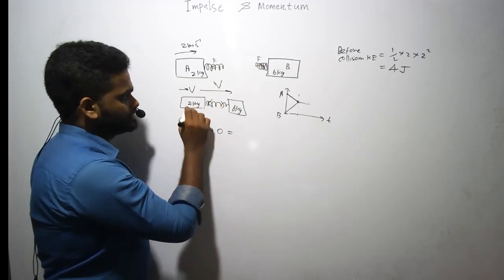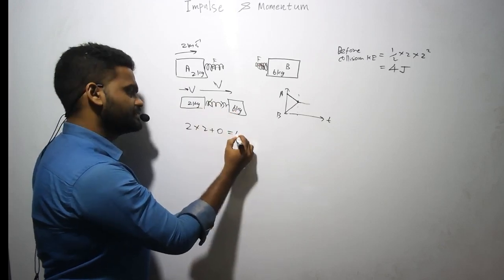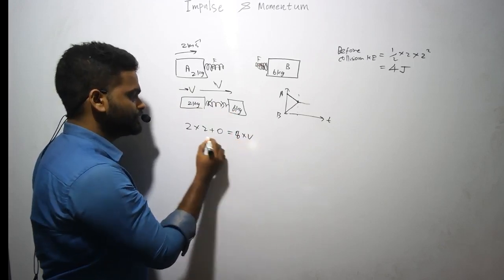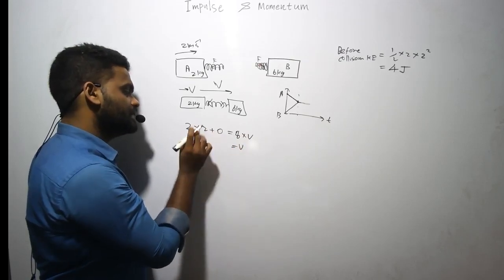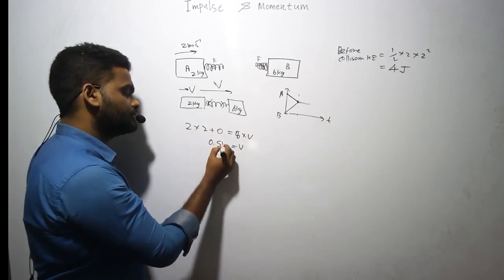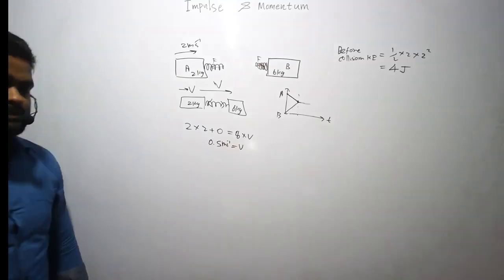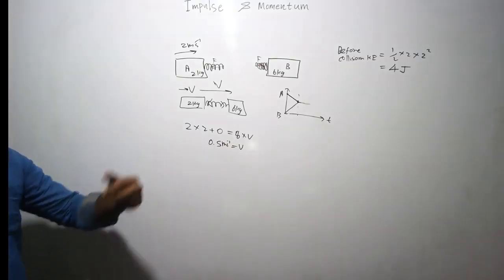So let's say the total mass is 2 plus 6, 8 times V. So we have 4 equals 8V. So V is 4 divided by 8, that is half, 0.5 meters per second. Right?